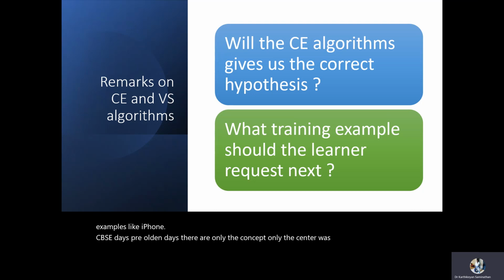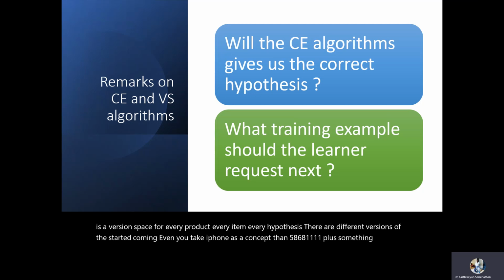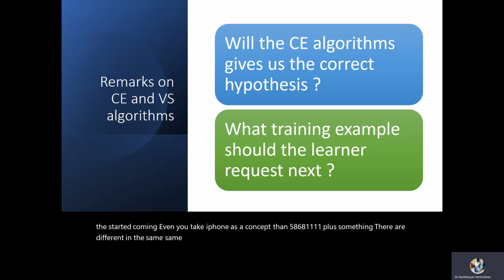Nowadays there is a version space for every product, every item, every hypothesis. Different versions started coming. Even if you take iPhone as a concept, there are 5s, 6s, 8s, 11s, 11 Plus. In the same hypothesis, different versions started coming. So nowadays the version space is one of the main focusing concepts, right?